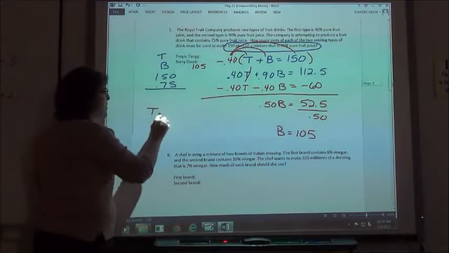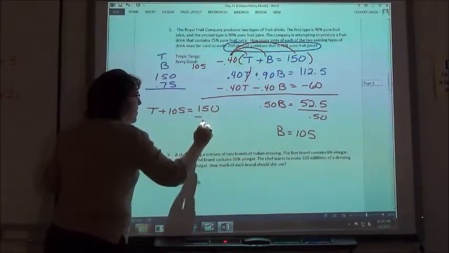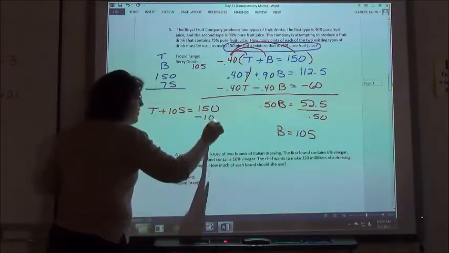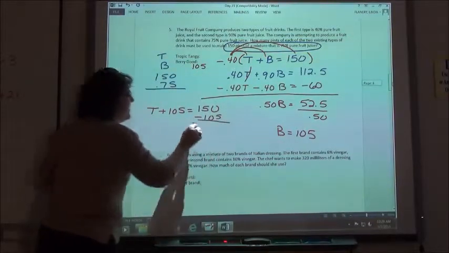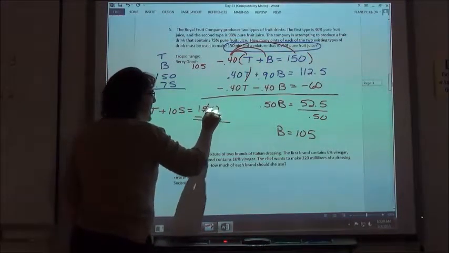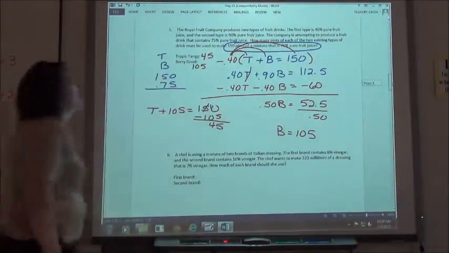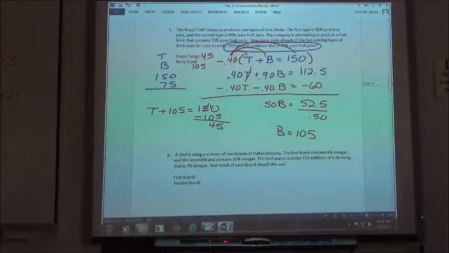So T plus 105 equals 150. How much does that leave for the tropic tangy? 45. So 45 pints of tropic tangy and 105 pints of very good.